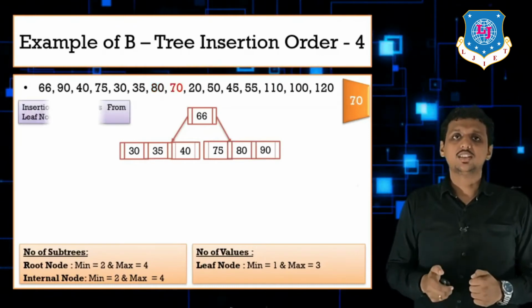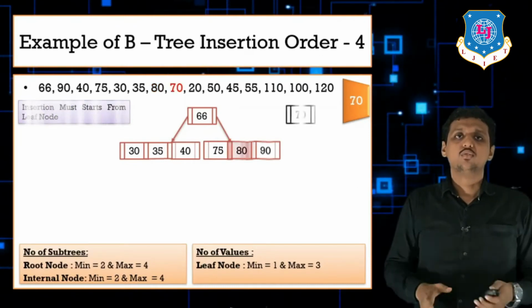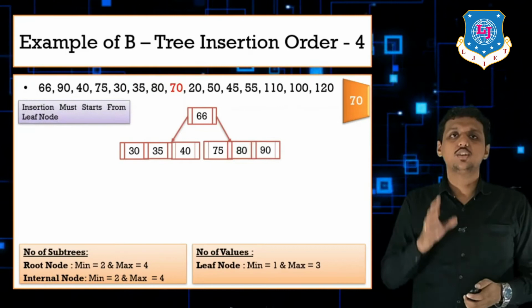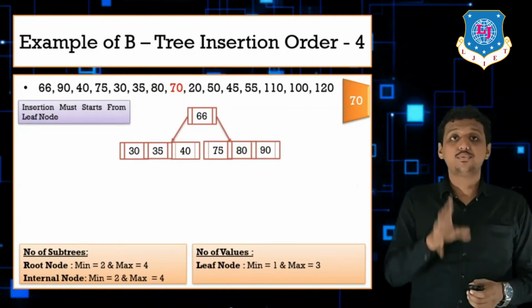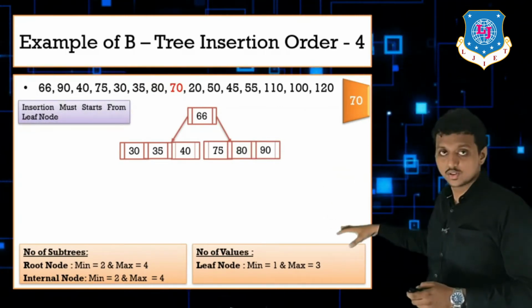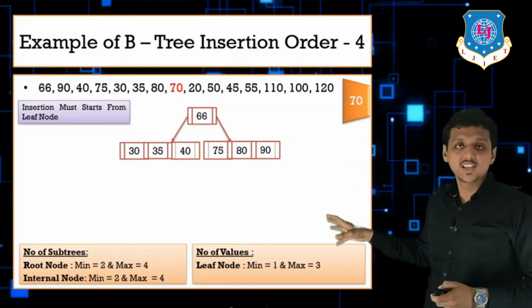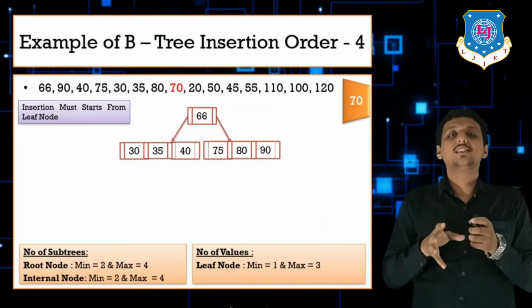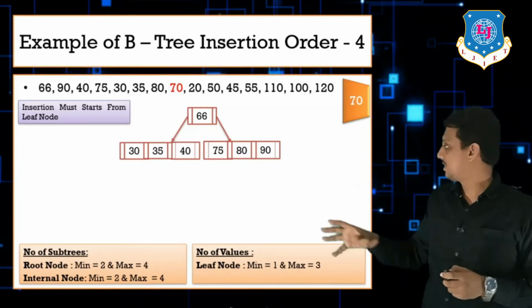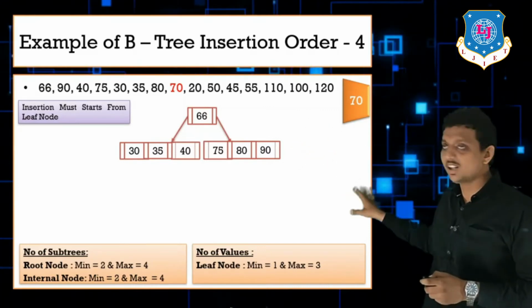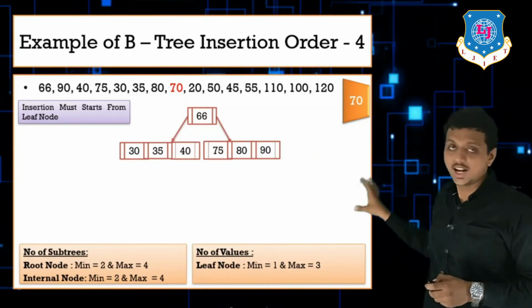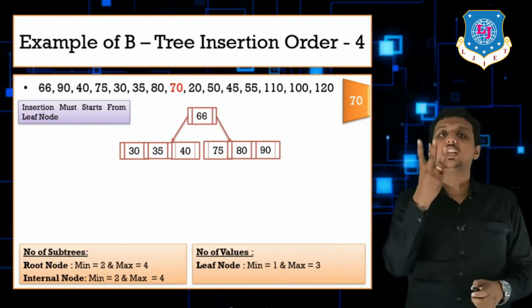Here for the 70, you need to start the values insertion from leaf nodes. That's why 70 can be inserted on the right side of 66, but on the right side of the 66, students, we already have 3 values in one node.